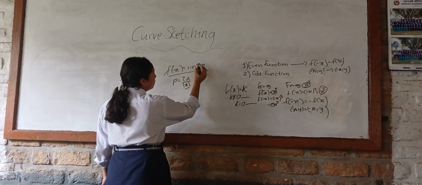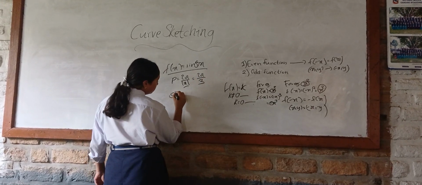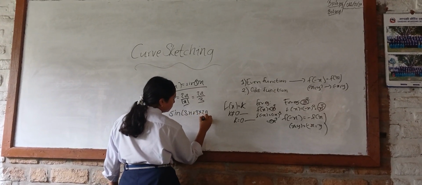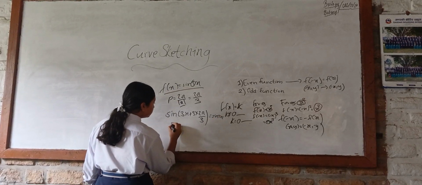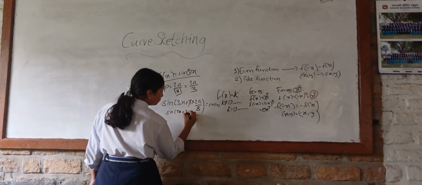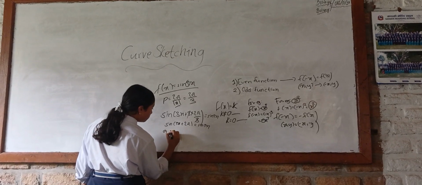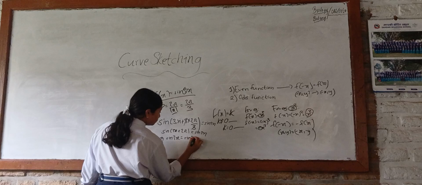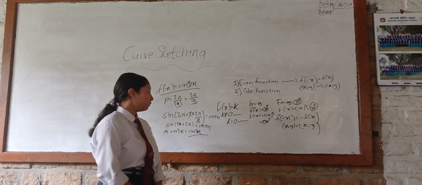A is the coefficient of x. So in this way we can test the periodicity of the function.